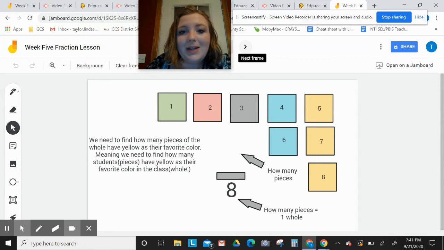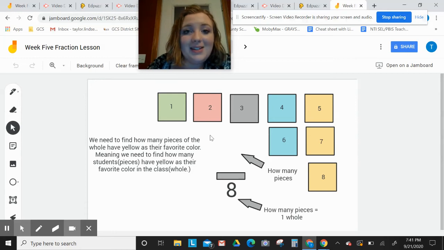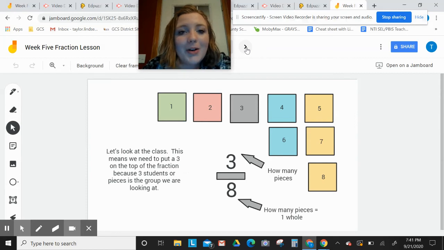So what you're going to do is put on top of our fraction how many pieces represent yellow, or how many students have yellow as a favorite color. Go ahead and put that in that box. Then we will continue. So if you said 3, you are correct.